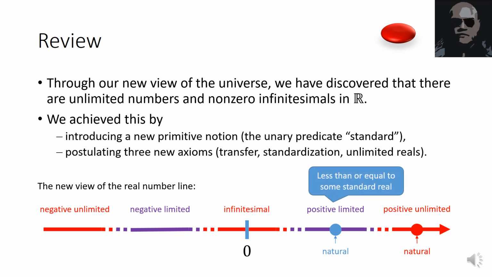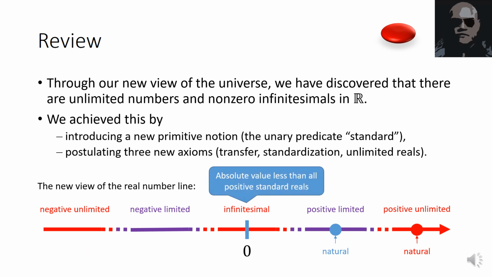The positive, limited numbers are those positive reals that are less than or equal to some standard real. There are corresponding limited and unlimited numbers on the negative side. The infinitesimals are those numbers whose absolute value is less than any positive standard real. All real numbers that can be defined in conventional calculus are standard and therefore limited.